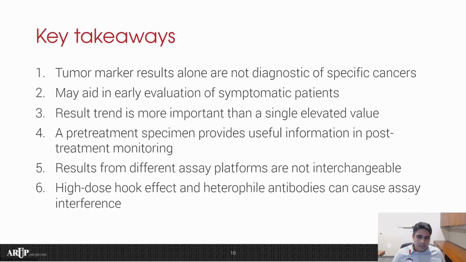The fourth takeaway is a pre-treatment specimen provides very useful information in post-treatment monitoring. Results from different assay platforms are not interchangeable. And the last point is about interference. So high-dose hook effect and heterophile antibodies can cause assay interference in tumor marker assays.